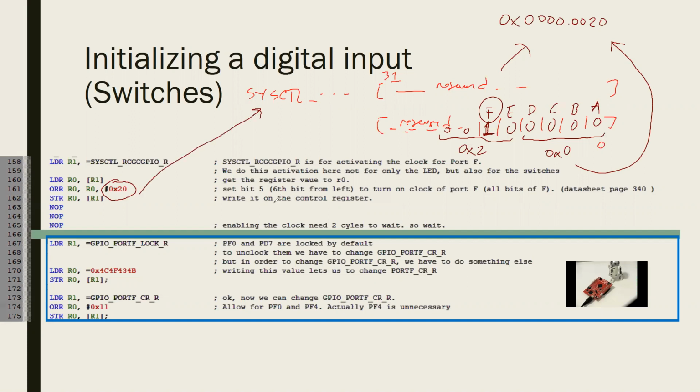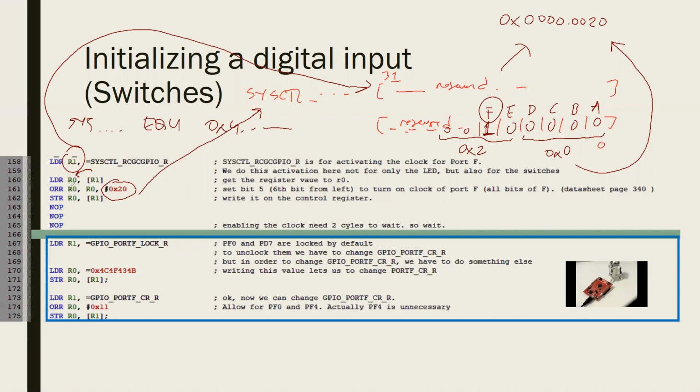Okay, and how did we do it? In my directives, I had a code like SYSCTL control EQU some value, which was 400 something. So R1 is pointing to that location, which is the control register. First I read the contents of the register to R0.